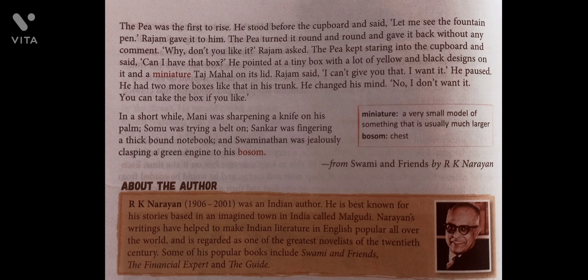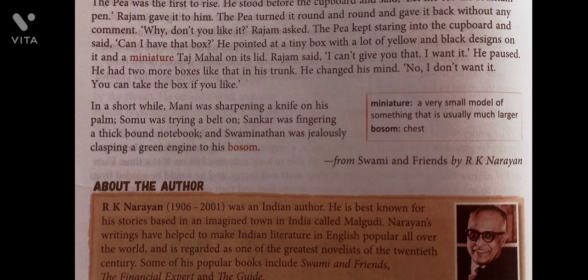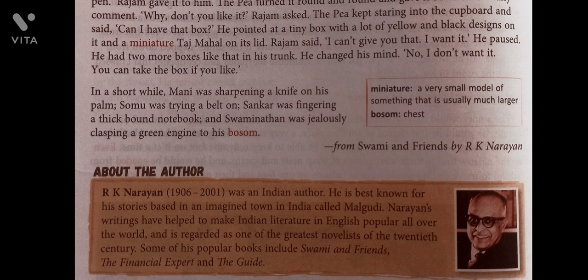And the story was taken from the book Swami and Friends by R.K. Narayan. So here R.K. Narayan is the author, and his life journey was from 1906 to 2001. He was an Indian author. He is best known for his stories based on an imagined town in India called Malgudi.